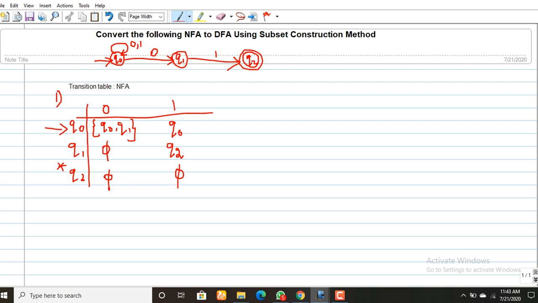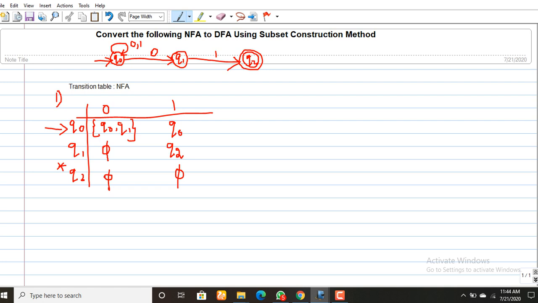What's the next step? Looking at the transition table, for the state Q2, for both inputs 0 and 1, the transitions are null, that is the empty set. So no more transitions for 0 and 1 for the state Q2.